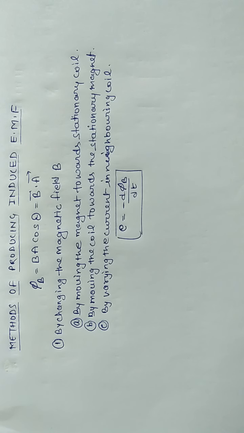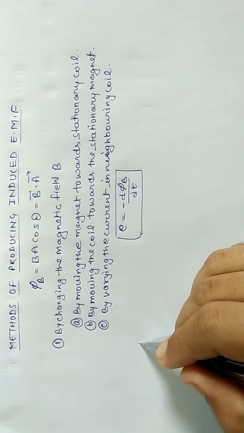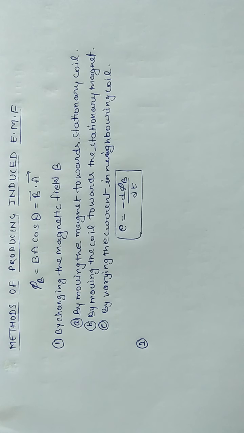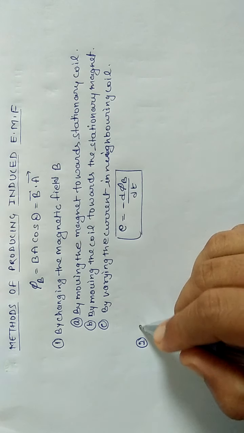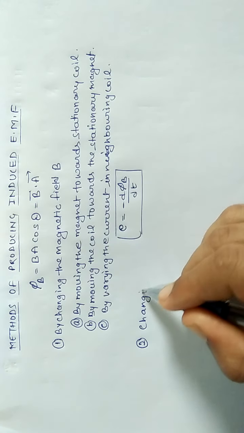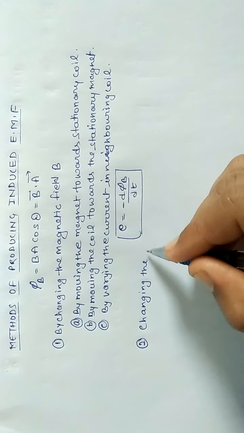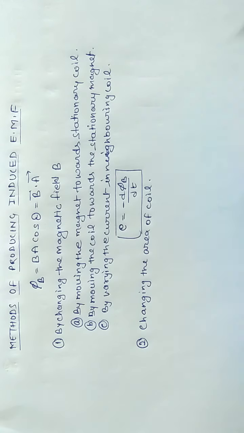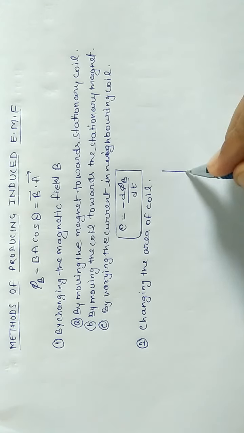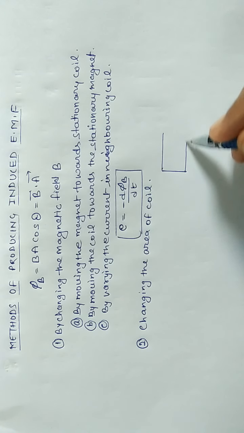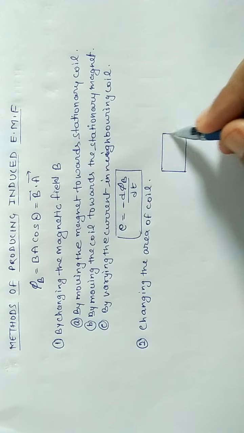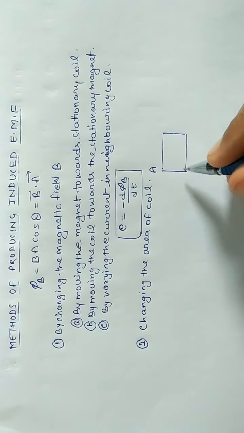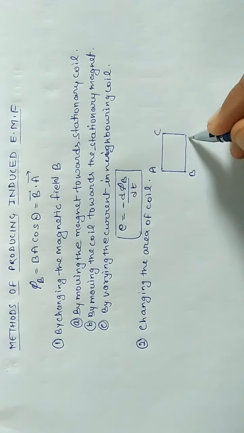Now the flux can be changed by changing the area of the coil. For this, there is a coil ABCD.